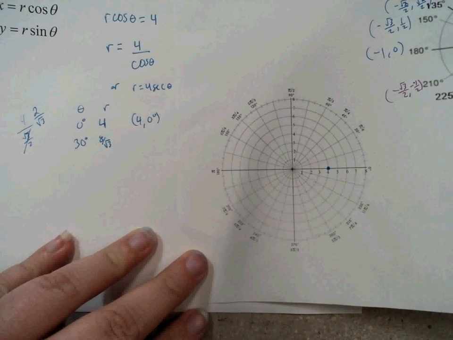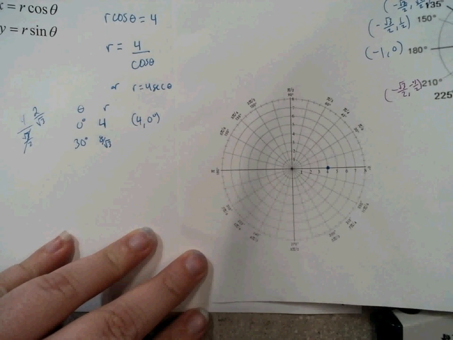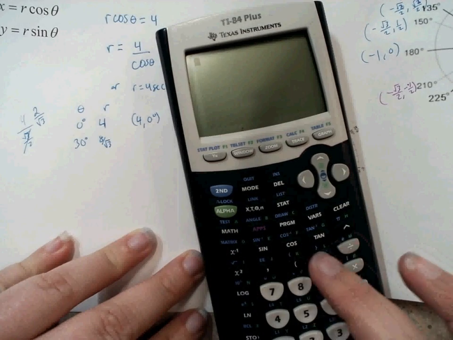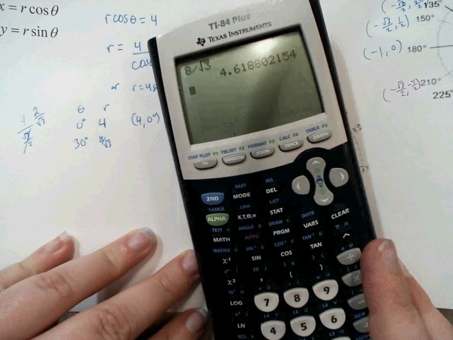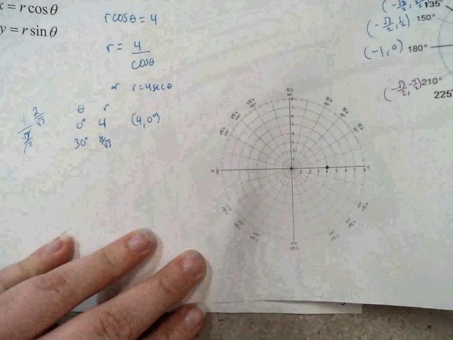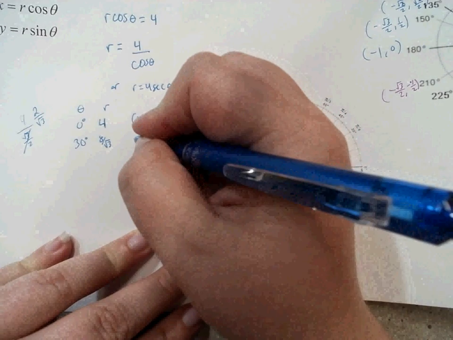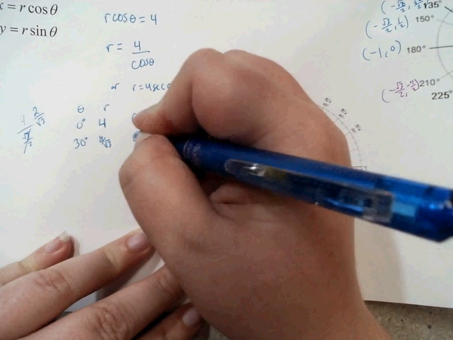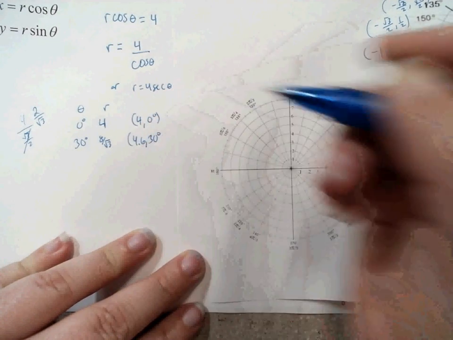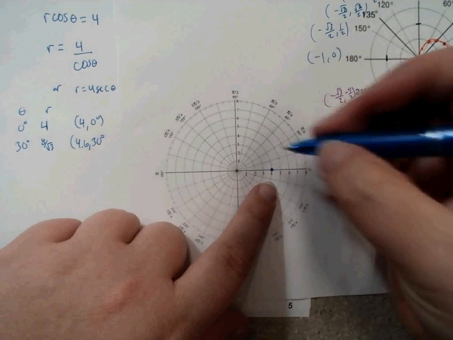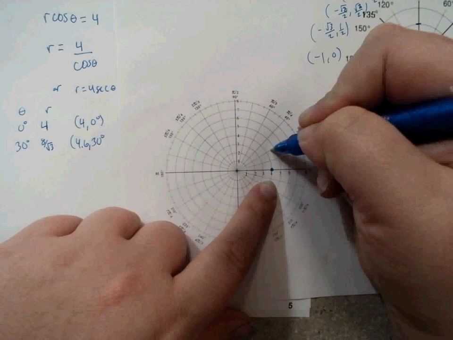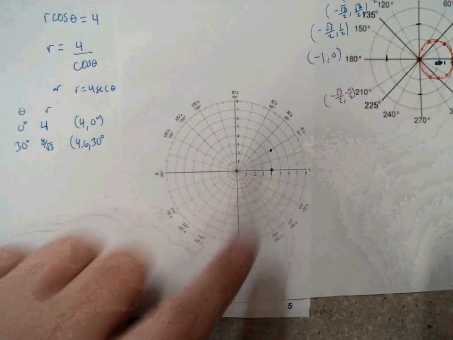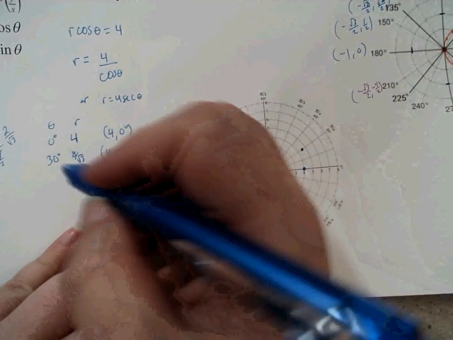And 8 divided by the square root of 3 is 4.619, or 4.6-ish, we'll call it that, at 30 degrees. So we rotate 30 degrees and go out 4.6, somewhere in there.